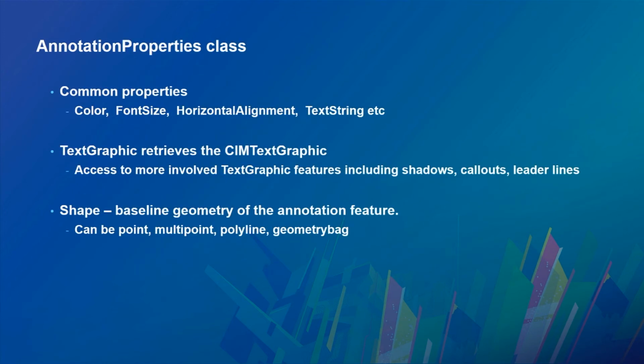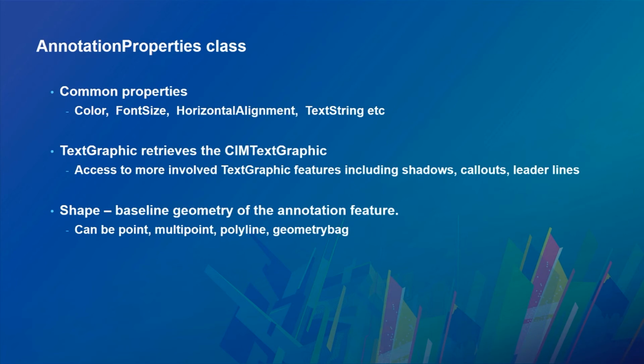So the Annotation Properties class has a number of common properties, things that we think people are most likely to want to set: color, font size, horizontal alignment, the text string. If you're interested in getting deeper into the SimText graphic itself, needing to add leader lines, callouts, shadows, then you use the text graphic property to actually retrieve the SimText graphic, and then you can drill down into the SimText graphic and the SimText symbol and do the things that you need to do at the SIM level.